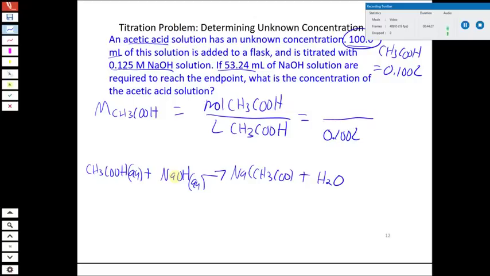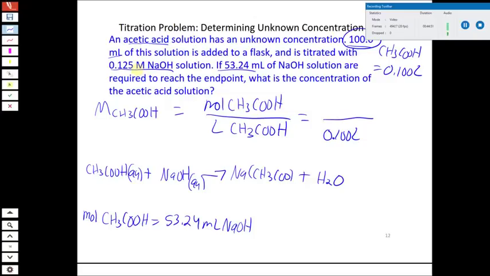And then just like in the last problem, we're going to find moles of our acid, which we don't know, by using the titration data, the amount of base and its molarity that we added. Okay, so we added 53.24 milliliters of our NaOH solution. So if we start with the solution where we know the volume and the molarity, we know that we added this much NaOH in terms of milliliters.